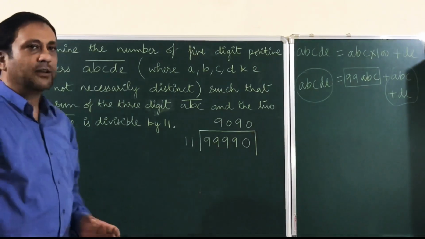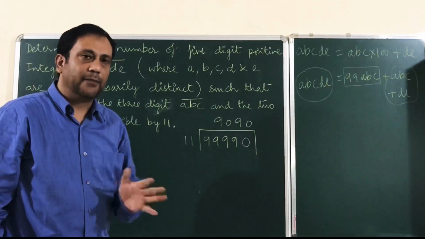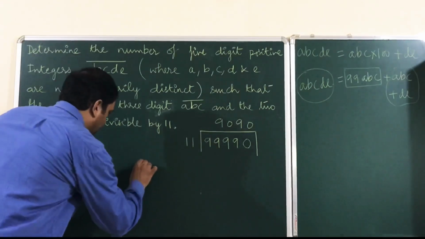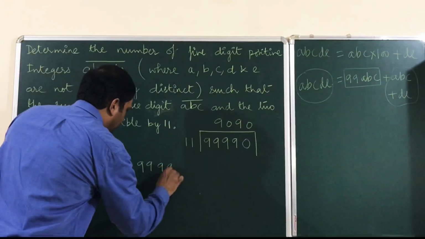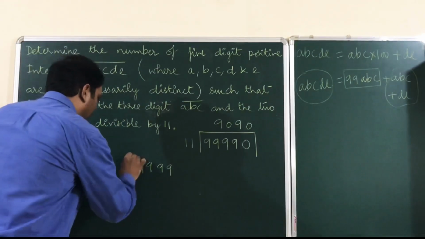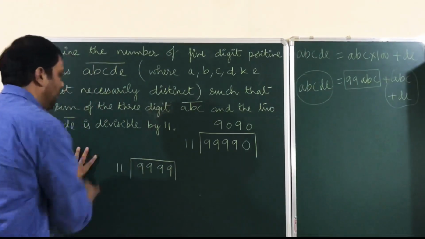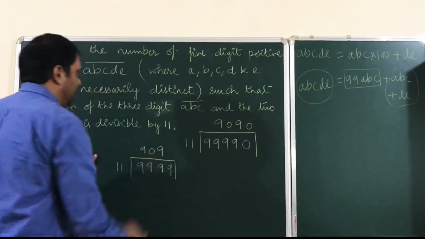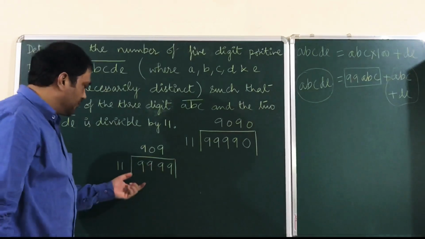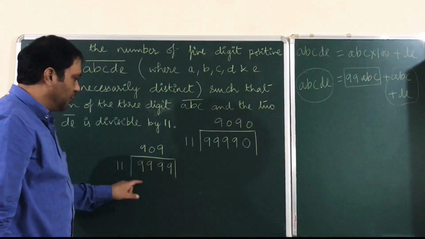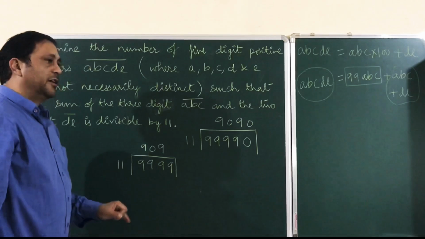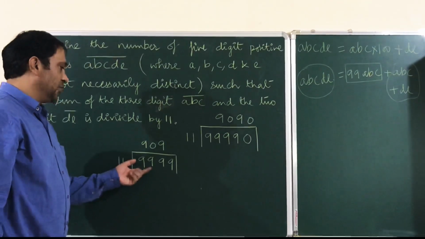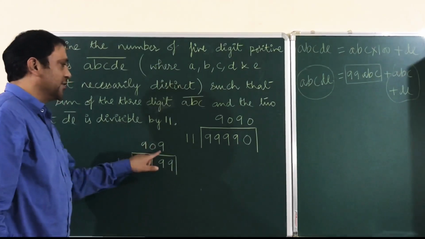Similarly, we can find the 4-digit multiples of 11. The biggest 4-digit multiple of 11 is 9999. If I divide this number by 11, we get 909. This is the maximum 4-digit multiple of 11, so the number of multiples of 11 less than or equal to 9999 is 909.